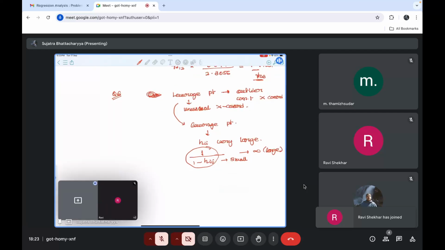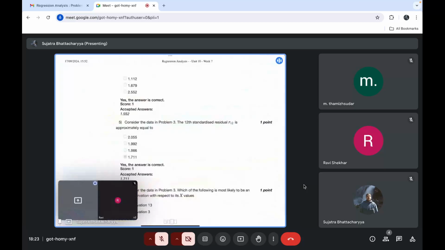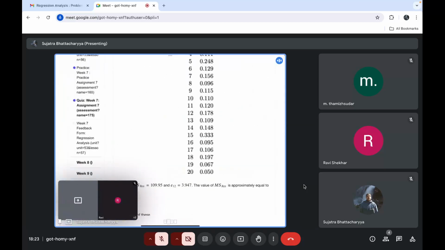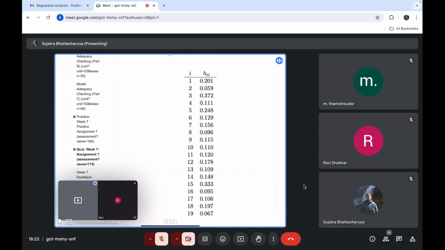That's why we can call that a leverage point. And if you look at the observations of H_II, you will find that the third observation is the strongest, 0.372 is very large. We will see in today's session that there is a criterion to identify the leverage point.